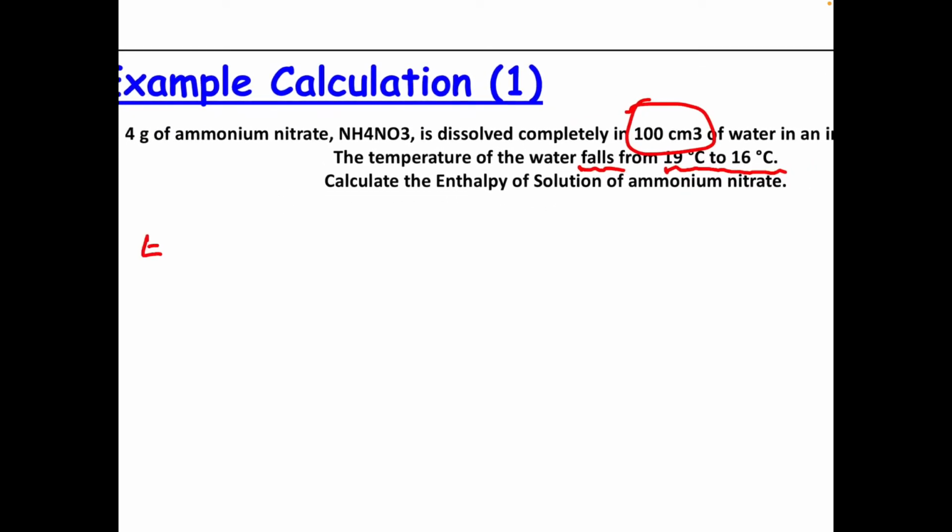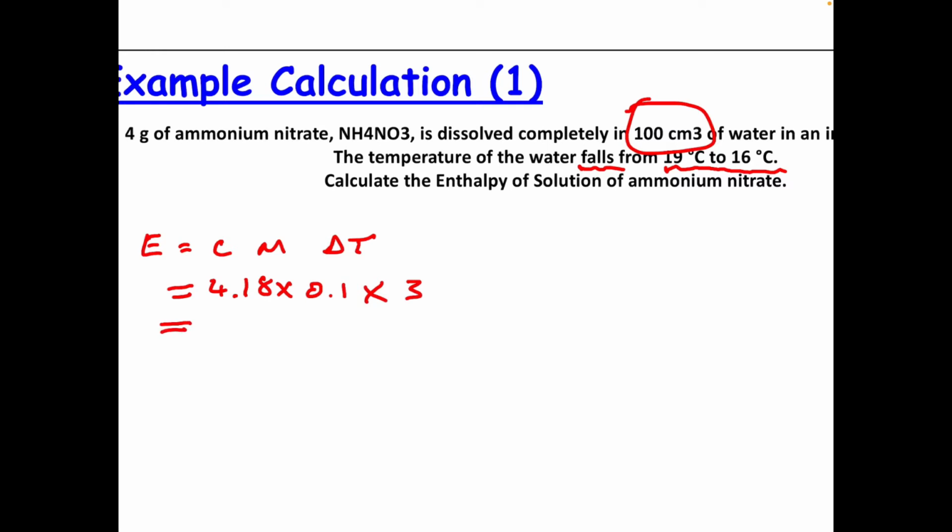So our wee equation, E equals Cm delta T. 4.18 times, and remember it's the mass of water, that's going to be 0.1 because we've divided 100 by 1,000 to change it into kilograms, and our delta T, remember we said, was 3 degrees.